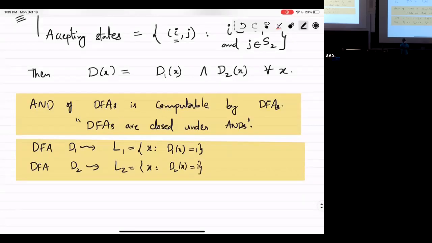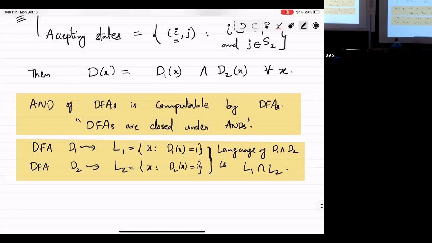What's the language that corresponds to the AND of the two DFAs, the two functions? In terms of sets, when I take the AND, what does that do to the set of accepting strings? The first one should accept, the second one should accept. So taking AND in the function world corresponds to taking intersection in the language world.